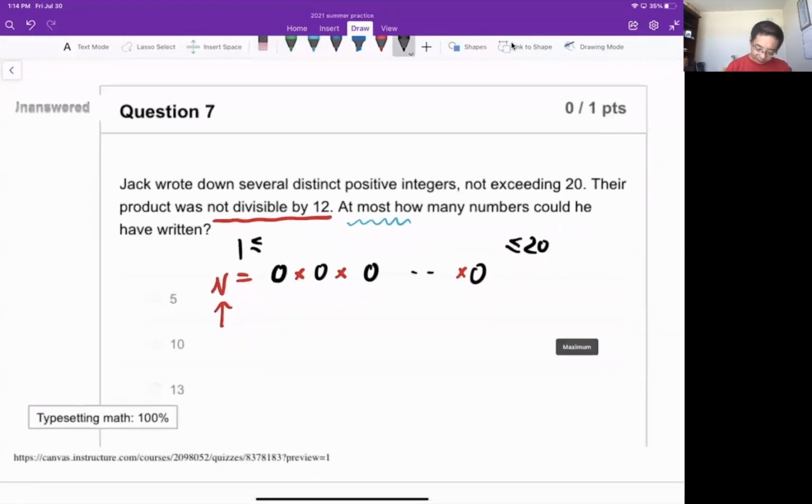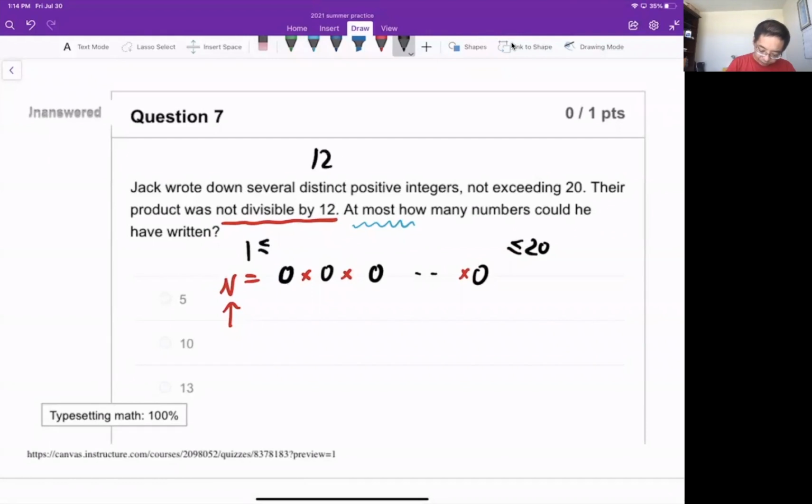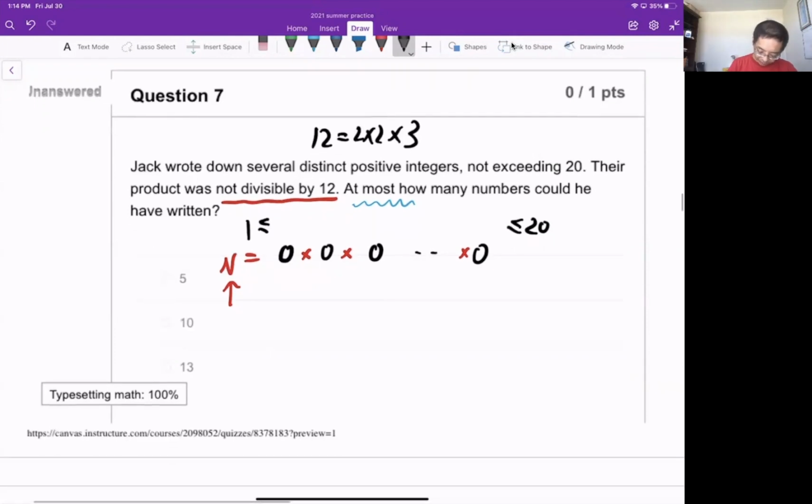Okay, now first of all, because 12 equals 2 times 2 times 3. Therefore, if none of them is divisible by 3, then of course the product will not be divisible by 3. So what I mean is this.